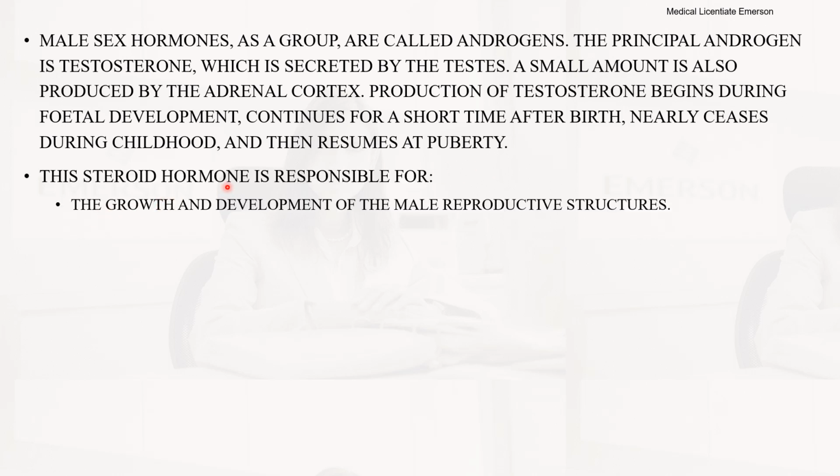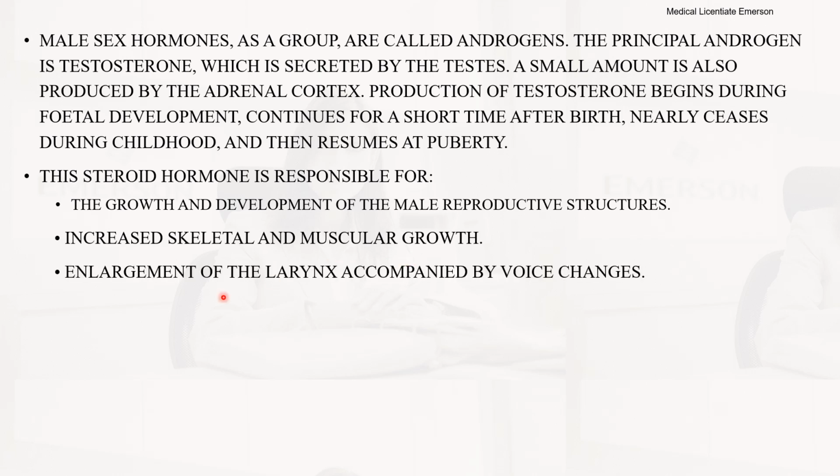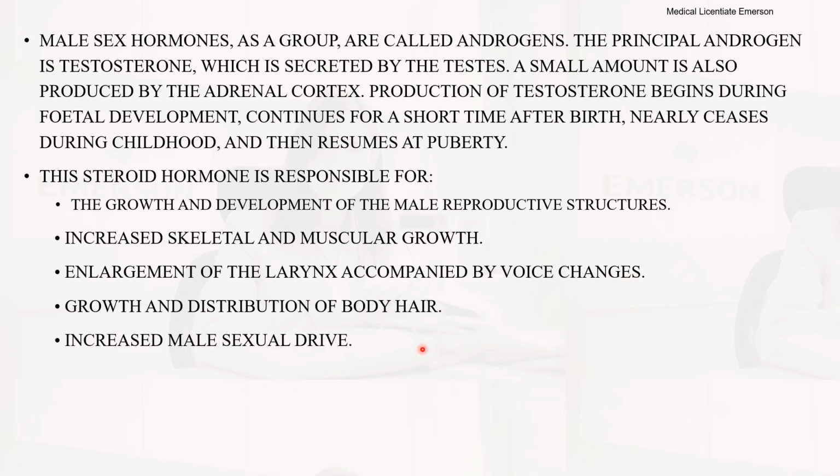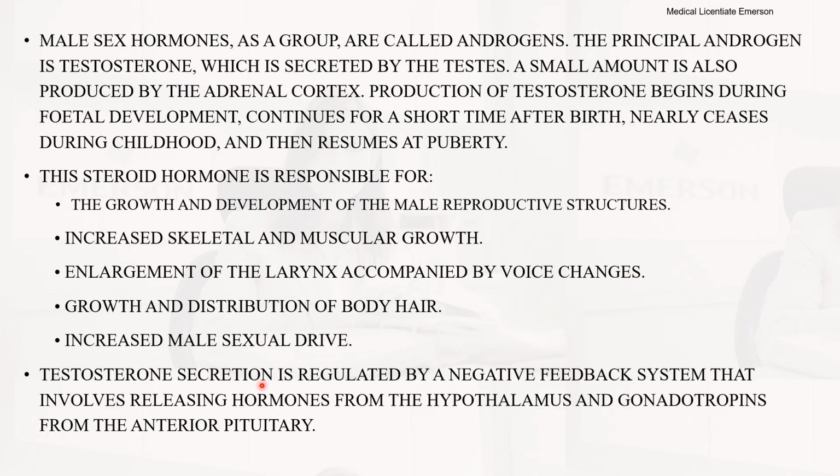This steroid hormone is responsible for the growth and development of the male reproductive structures, increased skeletal and muscular growth, enlargement of the larynx accompanied by voice changes, growth and distribution of body hair, and increased male sexual drive.